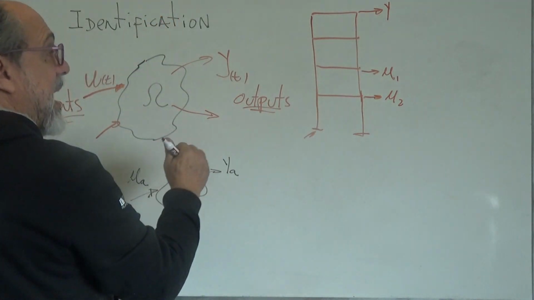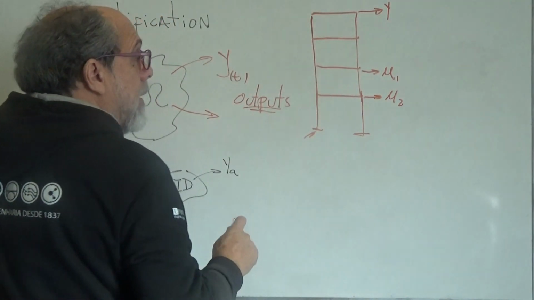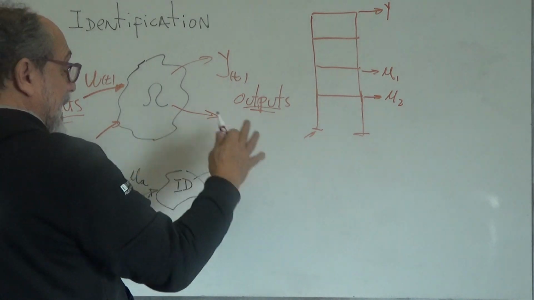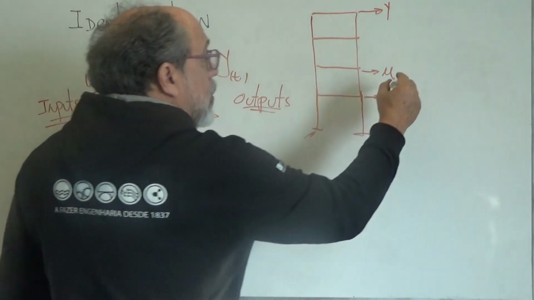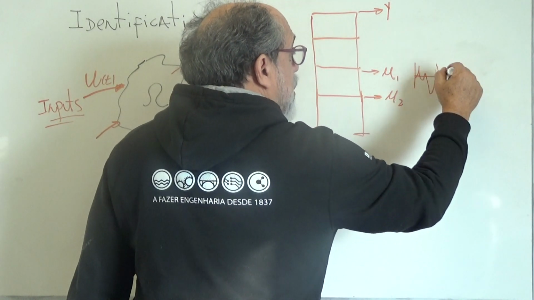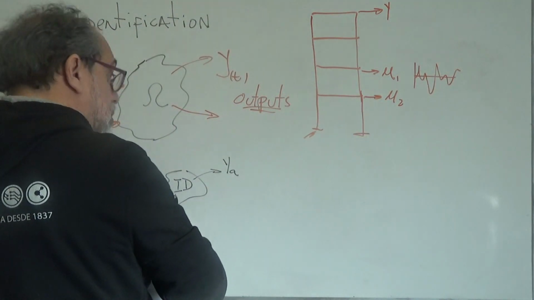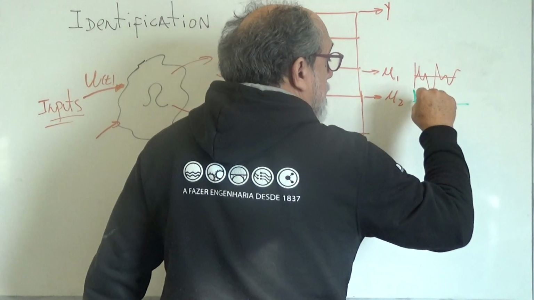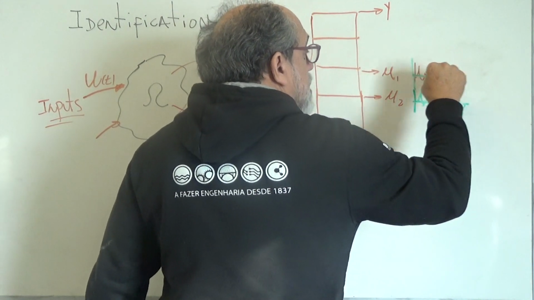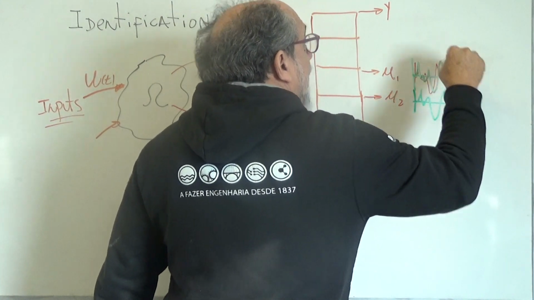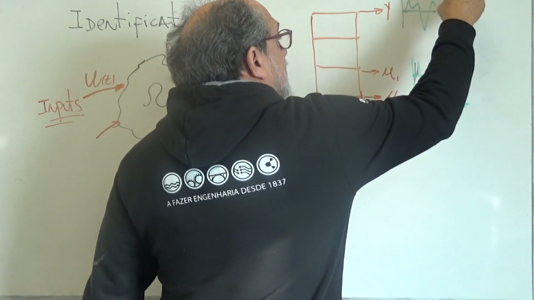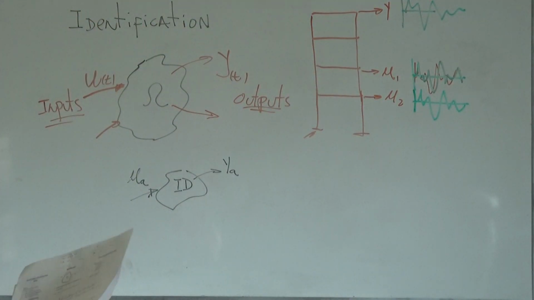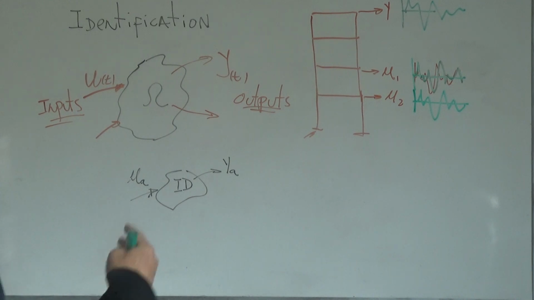When I finish, I have the ability to map U to Y. So given a new set of U's, which were not used to perform the identification, let's say these new U's here, I should be able to say that this is the new Y. So my ID allows me to predict.